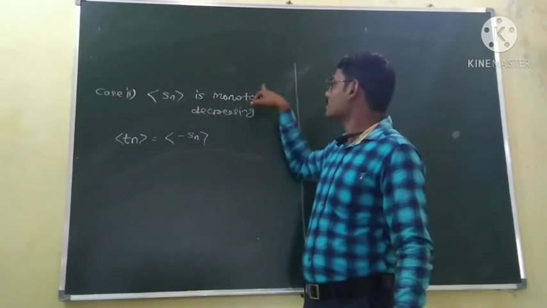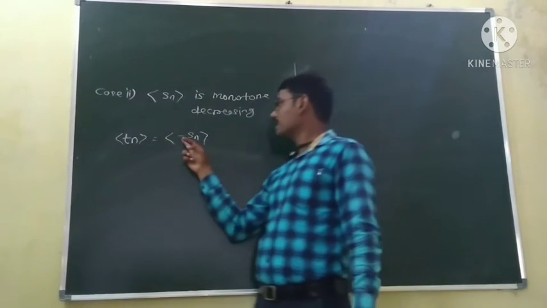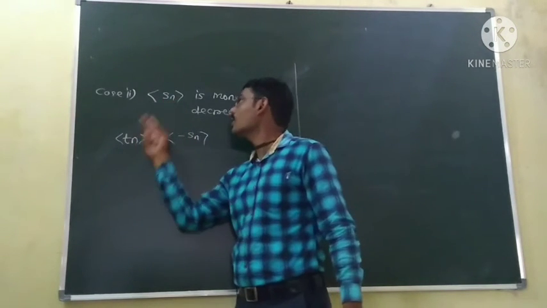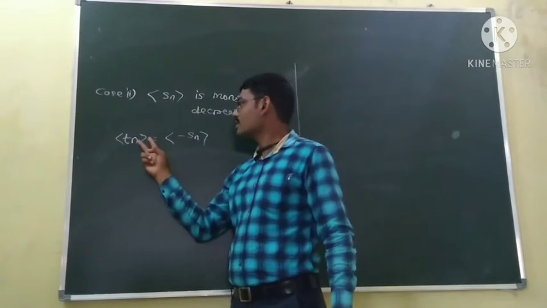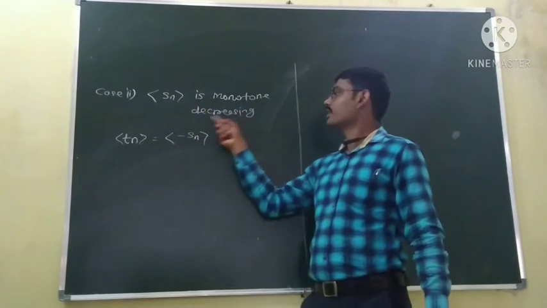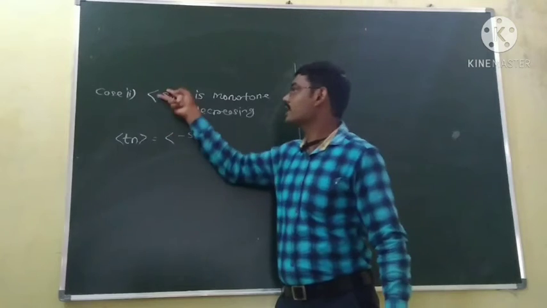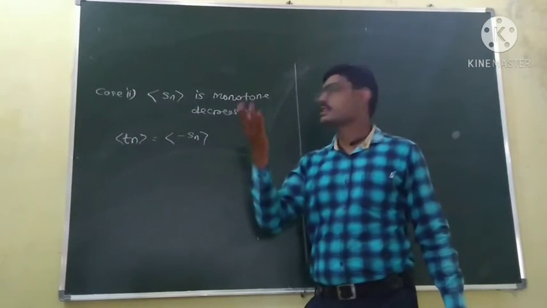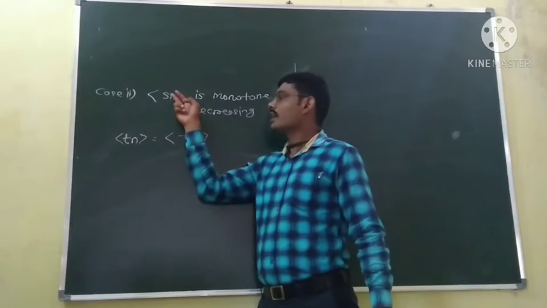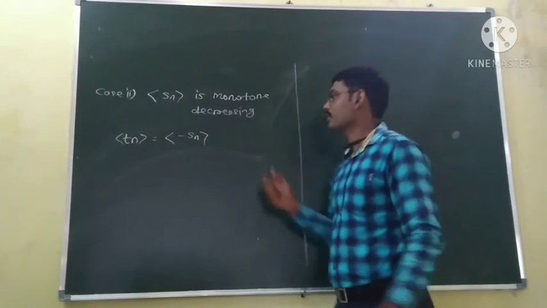Since Sn was monotonic decreasing, and Tn is the negative of all its terms, Tn is monotonic increasing.